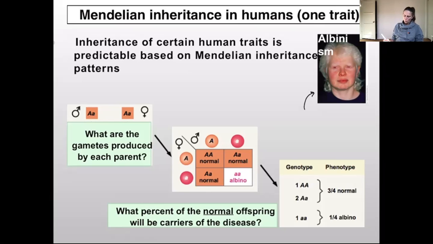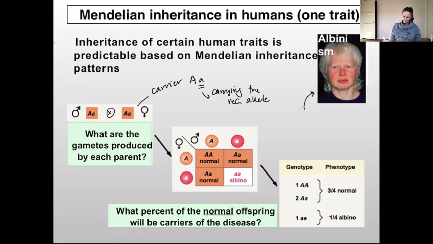So here, what we have is two heterozygous individuals. These are sometimes called carriers because they are carrying the recessive allele, but it's usually hidden, right?